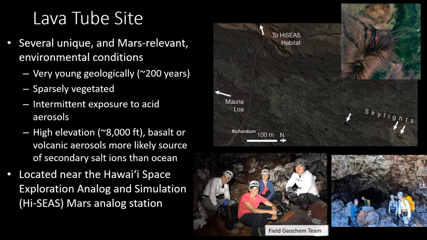And as a result, even though Martian basalt flows are often much older than those on Earth, their general sort of alteration state can be best represented by young terrestrial basalt flows. So this young geologic age is a key aspect of note for this particular lava tube site.